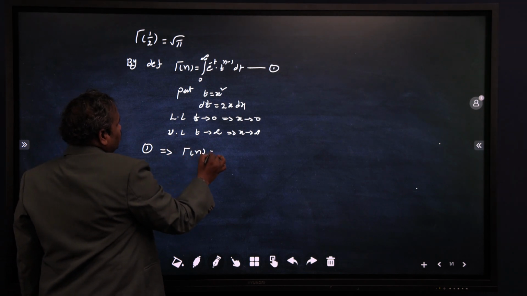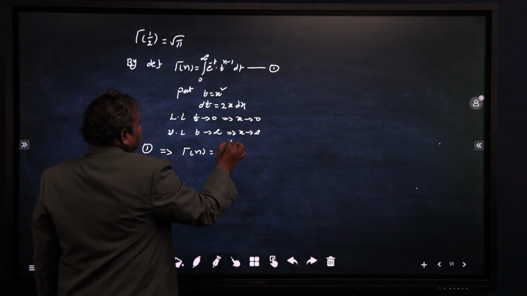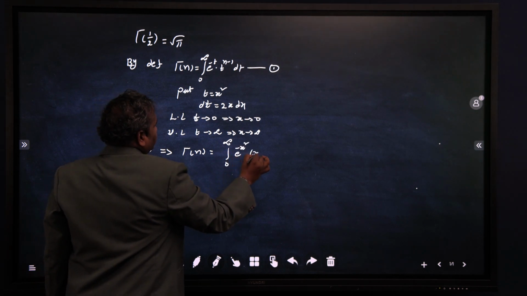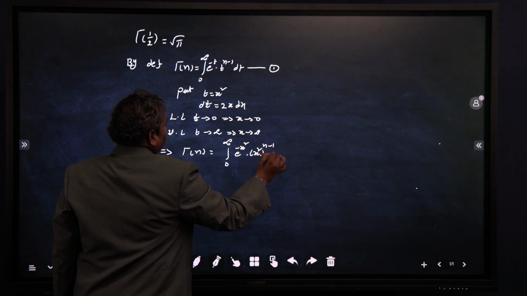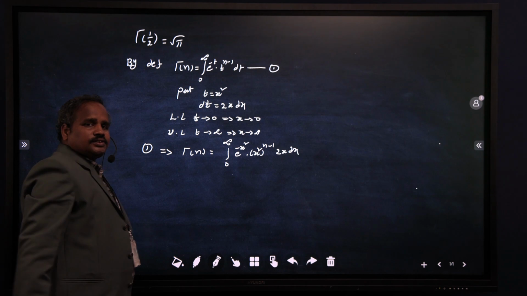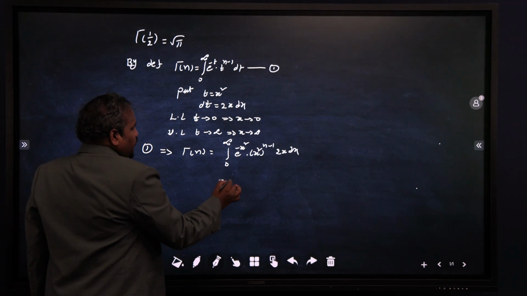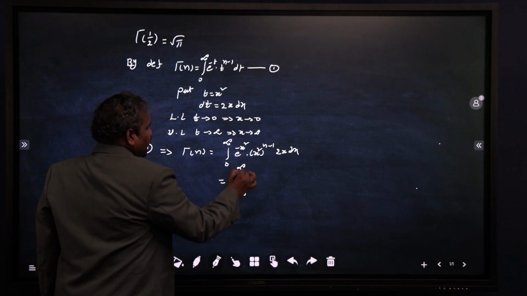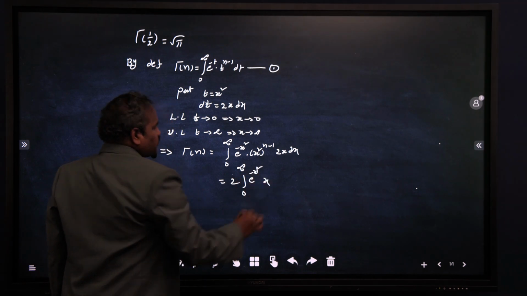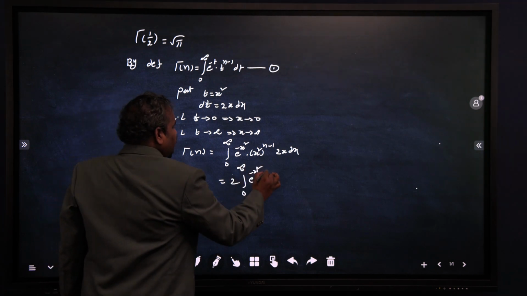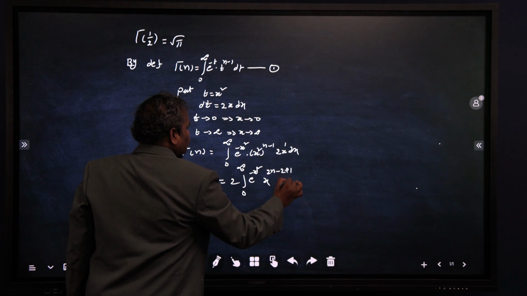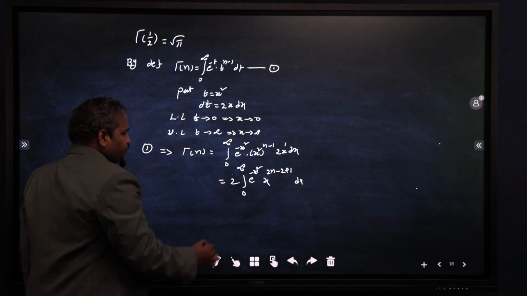Gamma of n is equal to integral 0 to infinity e power minus x square, x square power n minus 1, dt value 2x dx. That is 2 into integral 0 to infinity e power minus x square, x power 2n minus 2 plus 1, dx.